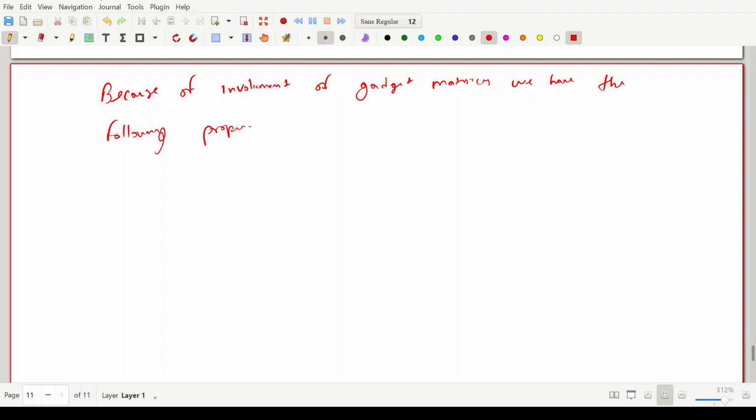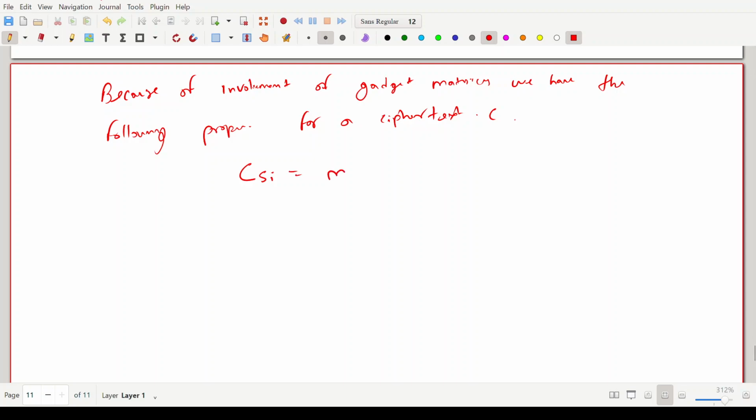What is the property for a ciphertext? Ciphertext C, what is the property? If this C is multiplied with your secret key, what happens?